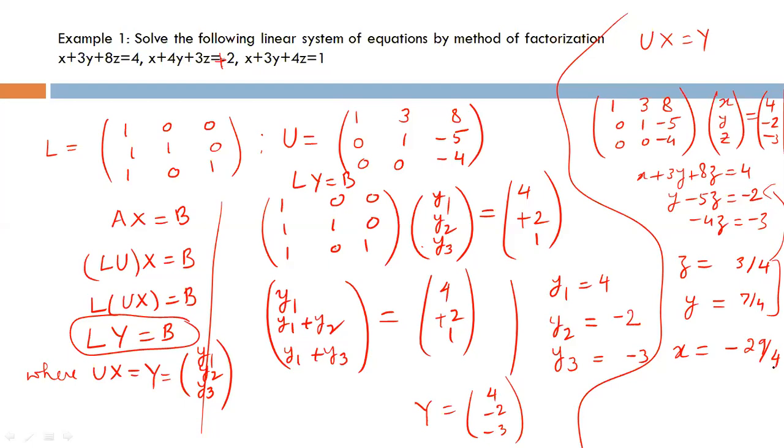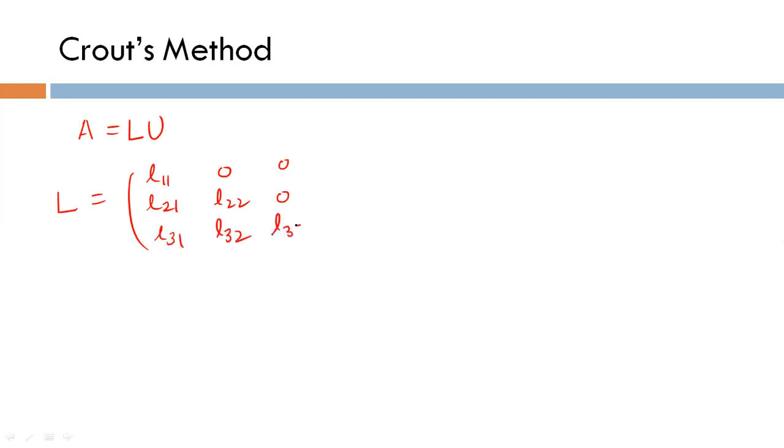Next I am going to discuss Crout's method. It is also very similar to the Doolittle method. The only change is that A is factorized into LU, where L is supposed as L11, L21, L22, 0, 0, 0, L31, L32, L33.